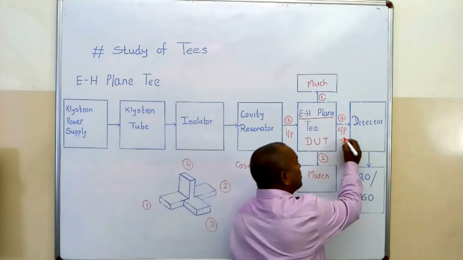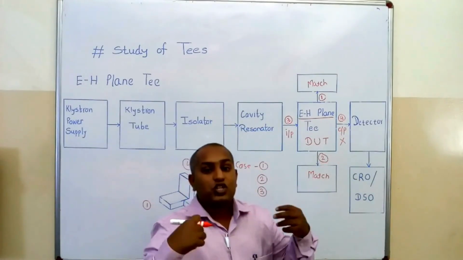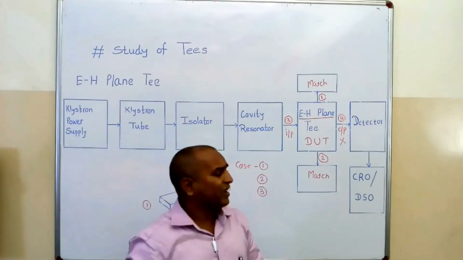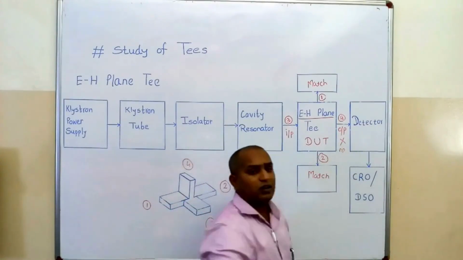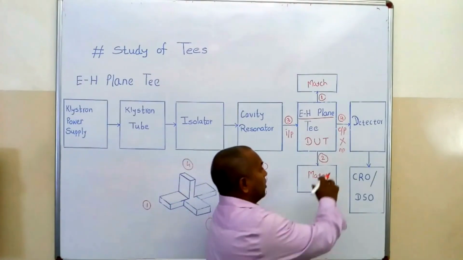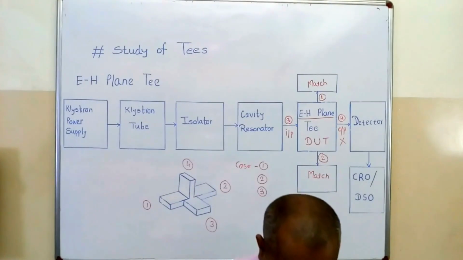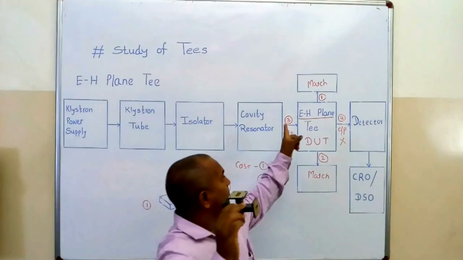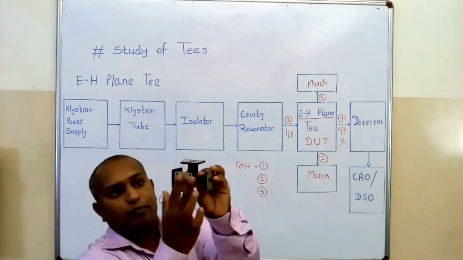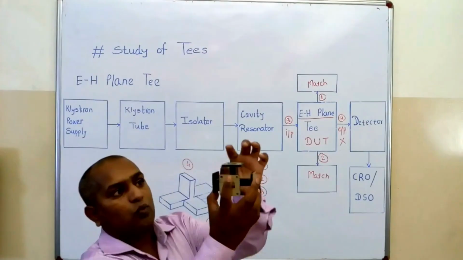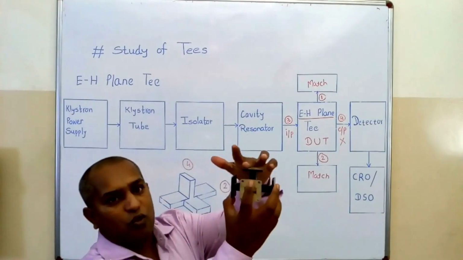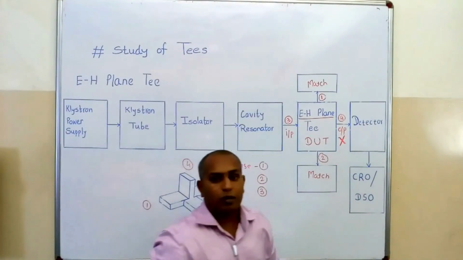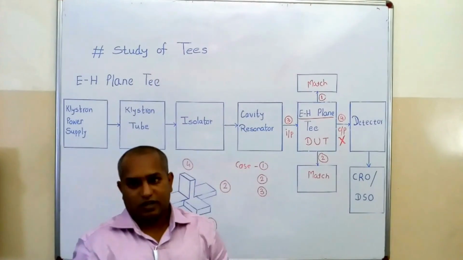The output across port number 4 is zero magnitude power, or it will be a very, very low power in nano or pico. Look here at the structure of your E and H arm. This is your E-arm, this is your H-arm. We are applying the input to the H-arm, means port number 3, and we are measuring the output across port number 4. But here we are not getting an output. This is your third magic related to the EH-plane T.